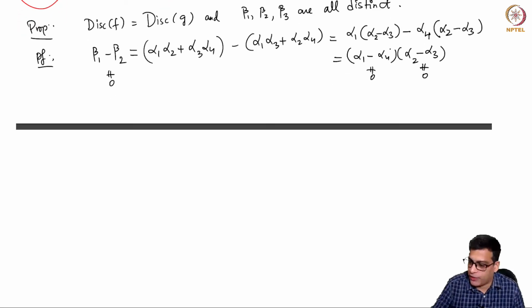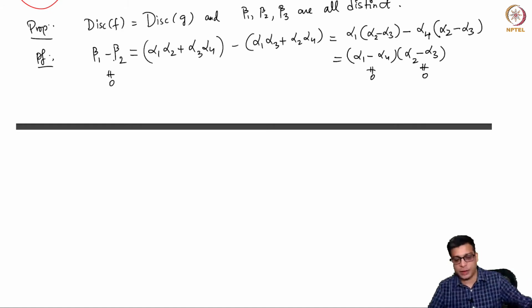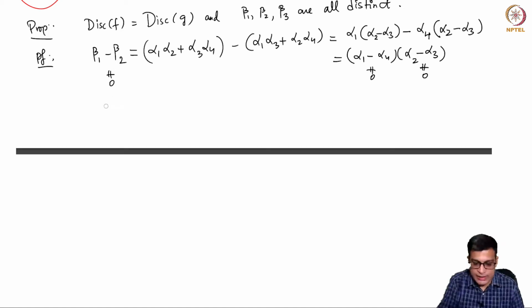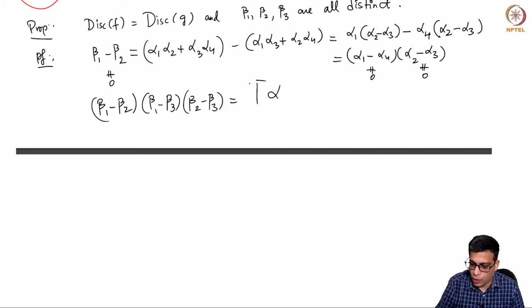Moreover, discriminant of f is the squares of these things. So beta 1 minus beta 2 takes care of 2 things. Similarly, beta 2 minus beta 3 takes care of 2 more things. So beta 1 minus beta 2 times beta 1 minus beta 3 times beta 2 minus beta 3 will be the product of all the pairs like this.